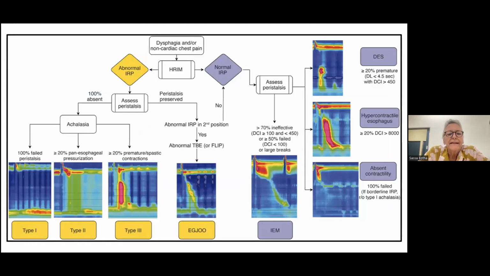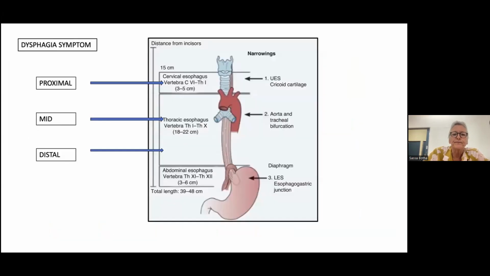This is another way, if you just want to look at dysphagia or non-cardiac chest pain: the most important thing is to look at your IRP, the relaxation of your lower esophageal sphincter, so that you can immediately group it into abnormal IRP versus normal IRP. Normal IRP means peristaltic disorders, whereas abnormal IRP are the OGJ disorders.